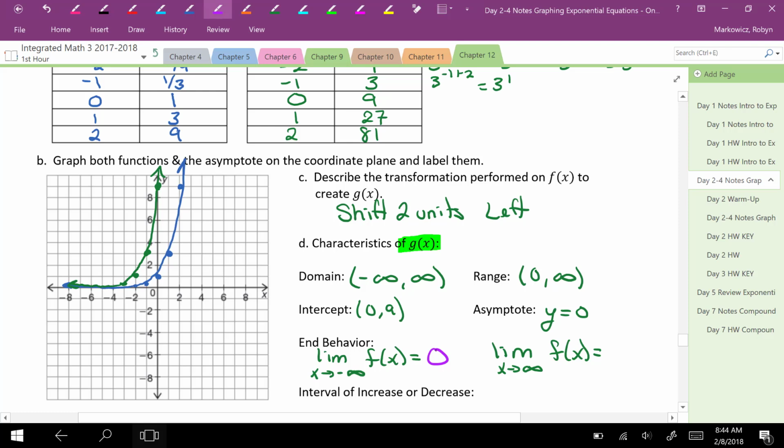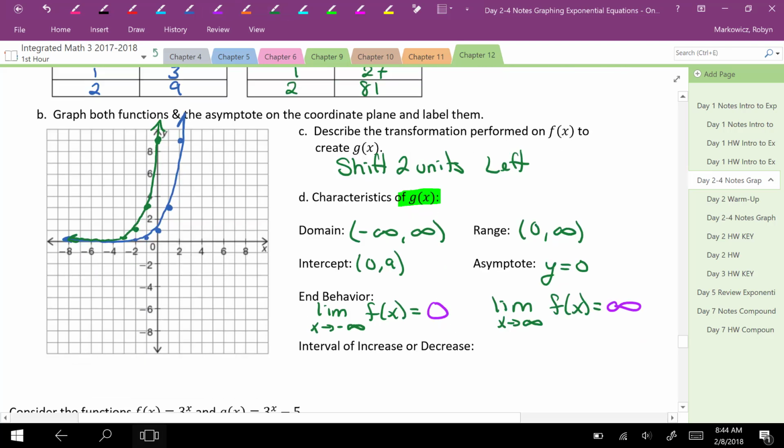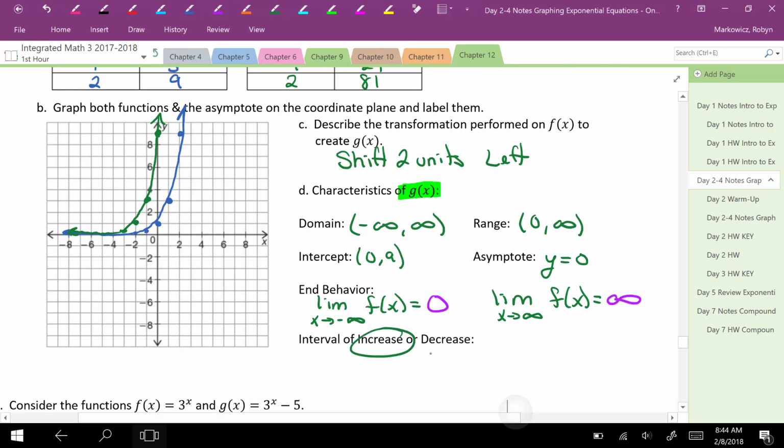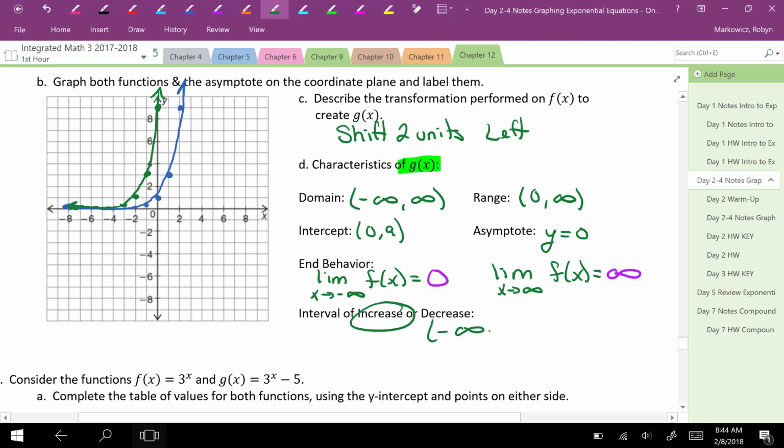To infinity. And are we increasing or decreasing? Increasing on what interval? -infinity to infinity. Yesterday I saw a lot of people just saying increase or decrease. They're not just asking what the function is doing, they say interval. So you need to write -infinity to infinity. If you don't write your interval down, it's wrong, because you're not answering the question.